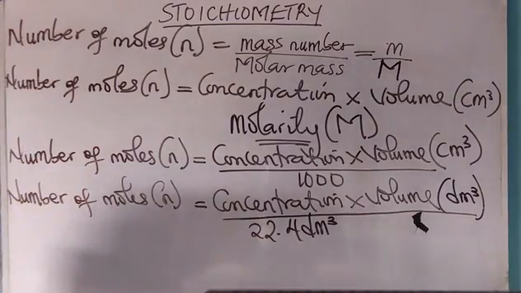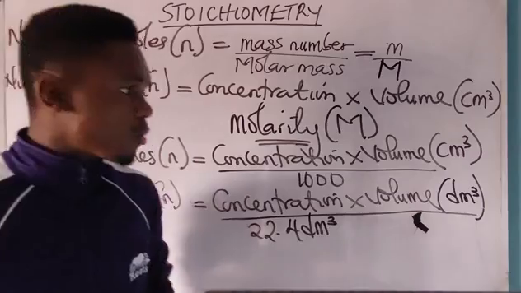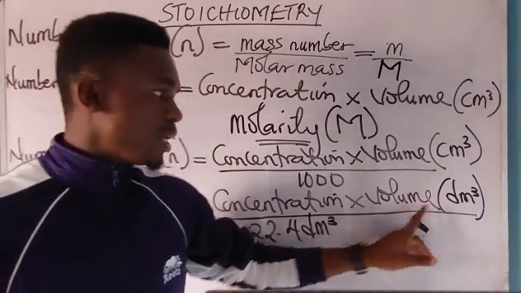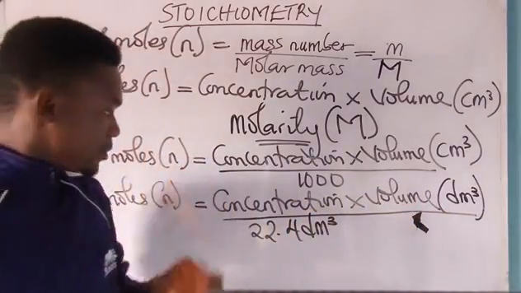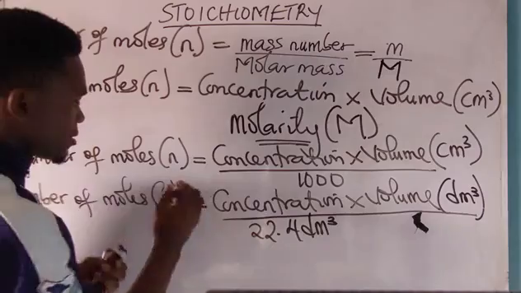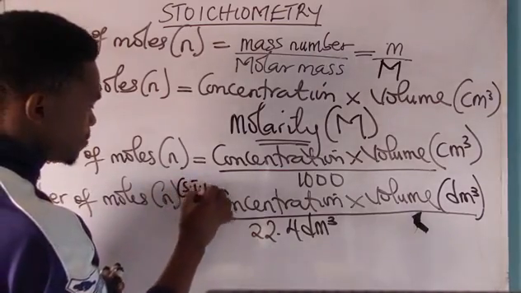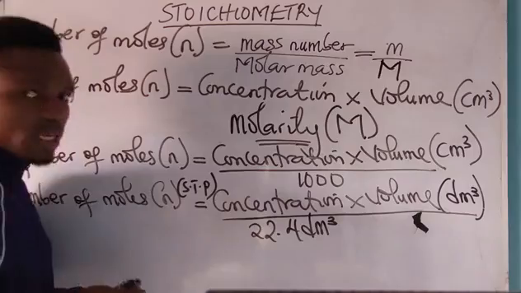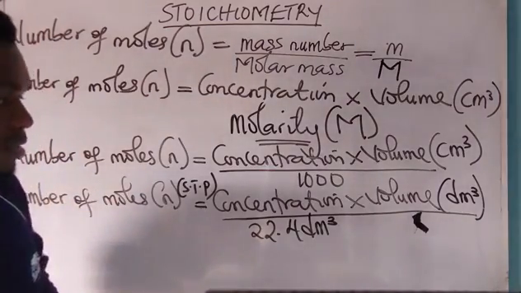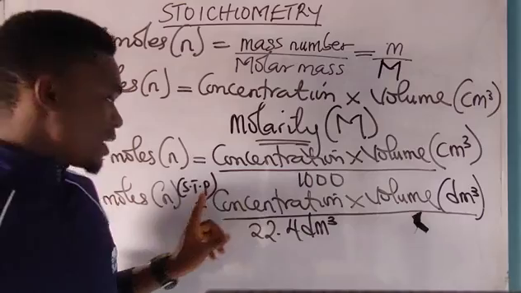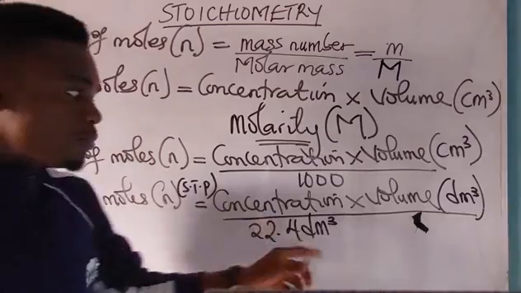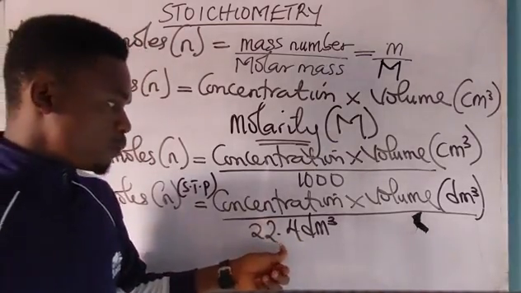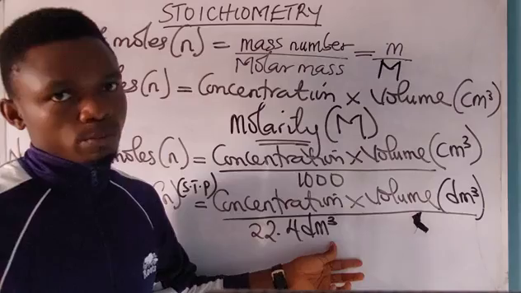When the volume is in dm cube at STP, standard temperature and pressure, you use 22.4 dm cube.